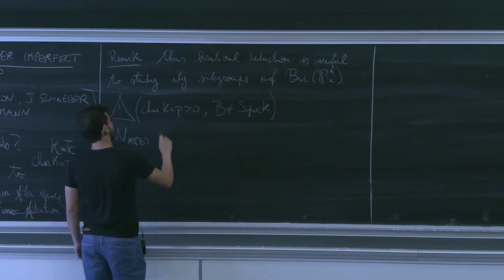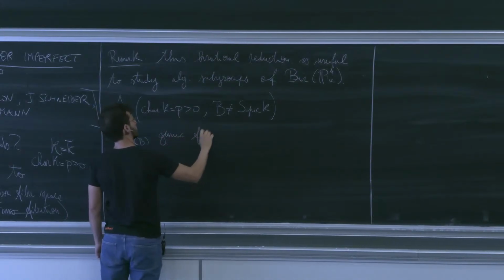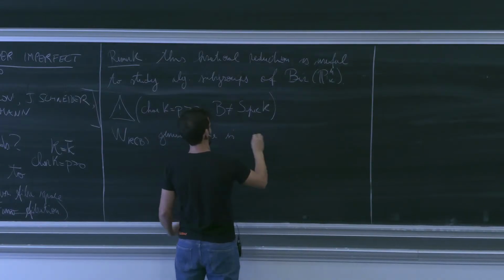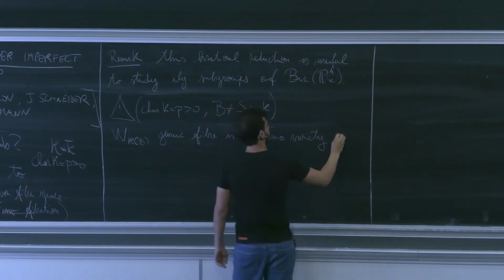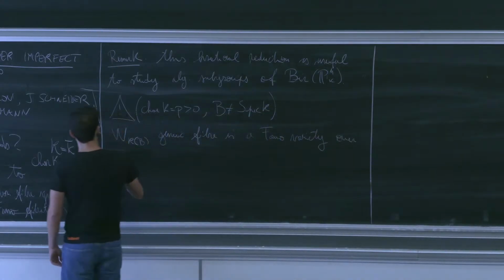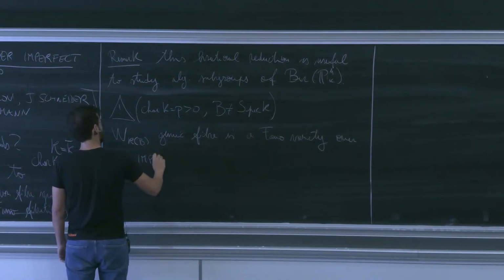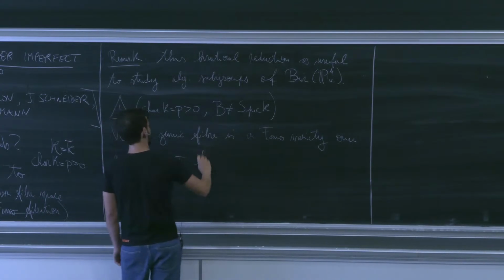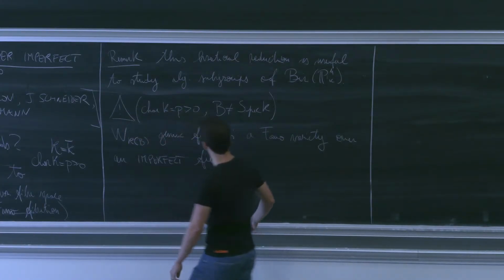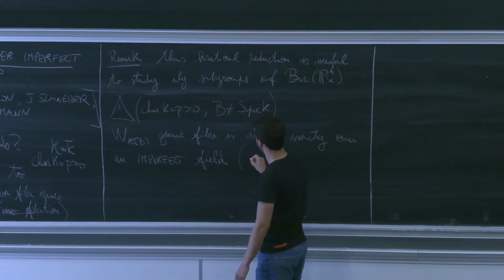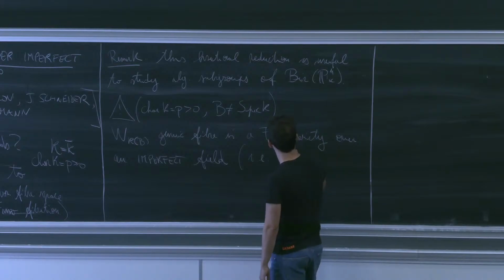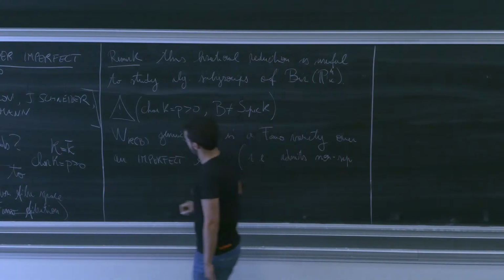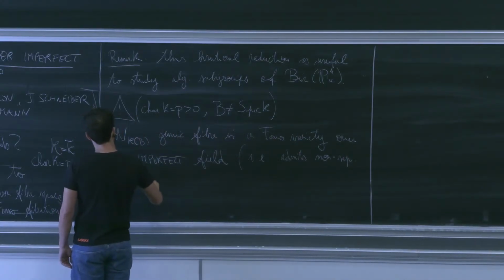This generic fiber is a Fano variety over an imperfect field. It admits non-separable algebraic field extensions.